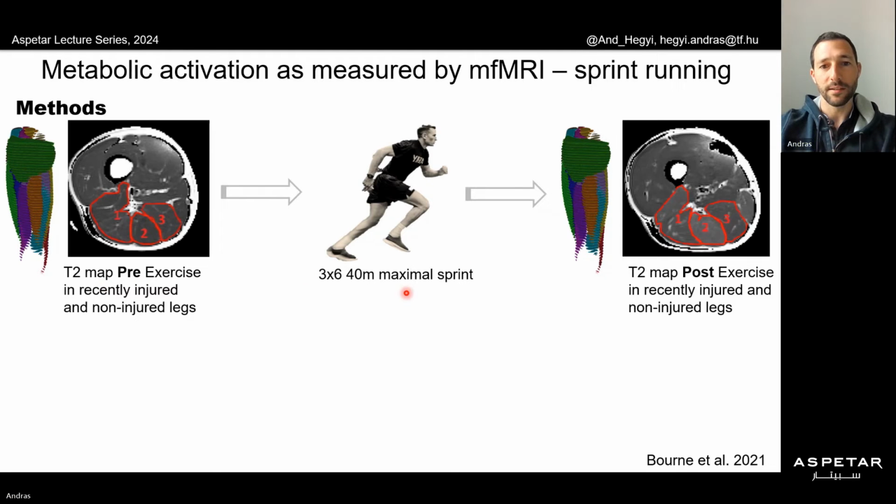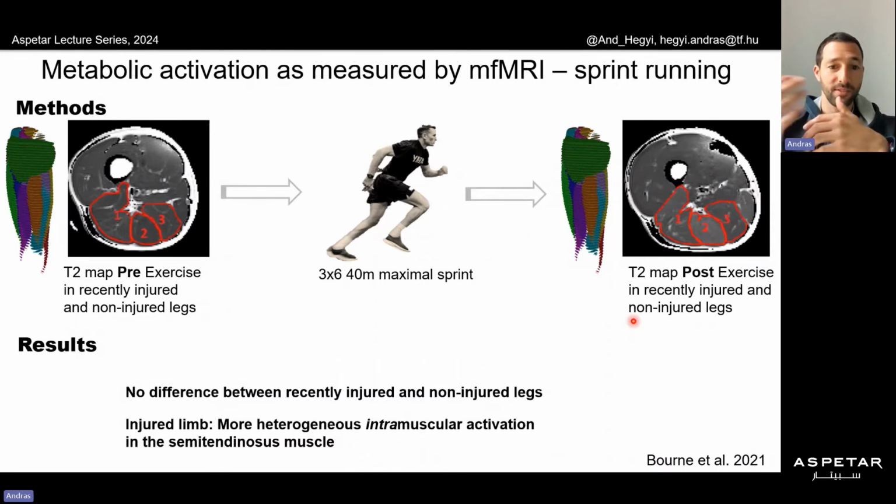Then we perform several sprints, and then we put the athlete back into the machine and do another scan. We see the changes in transverse relaxation time to reflect muscle metabolic activation.